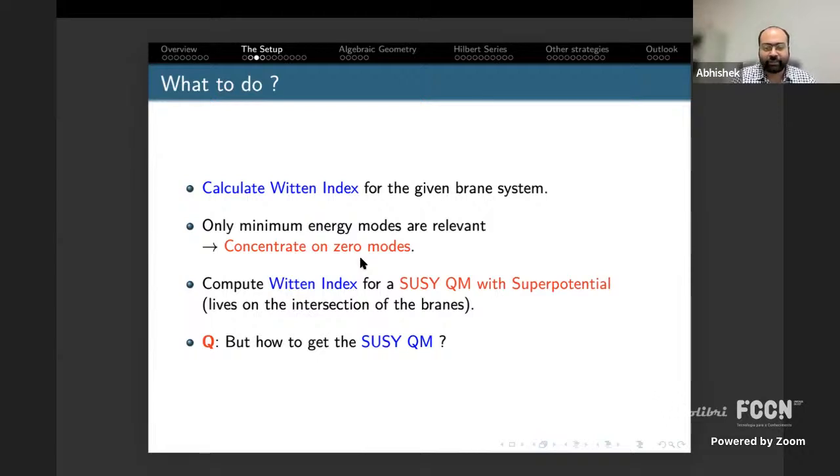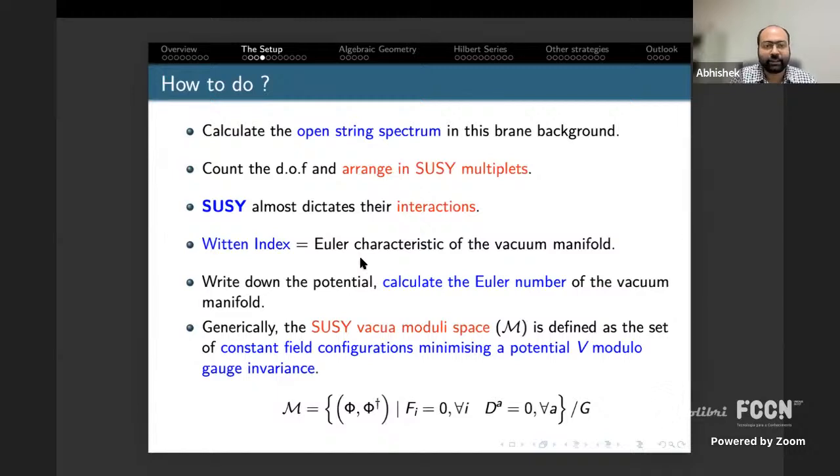Okay, so let's try to build the SUSY quantum mechanics that lives on this intersection. The fields will be given by the open string spectrum in this brane background. There will be strings connecting the same brane to the same brane, and strings connecting one brane to the other brane. This creates a spectrum of fields, which of course we calculated. Then you arrange this in terms of SUSY multiplets, and supersymmetry almost dictates a lot of the interactions of the supersymmetric Lagrangian that we are going to write down.